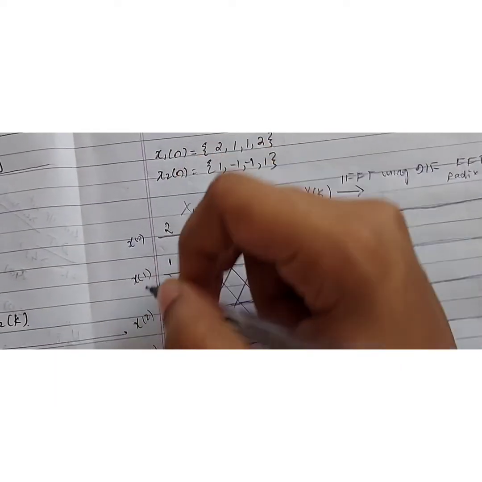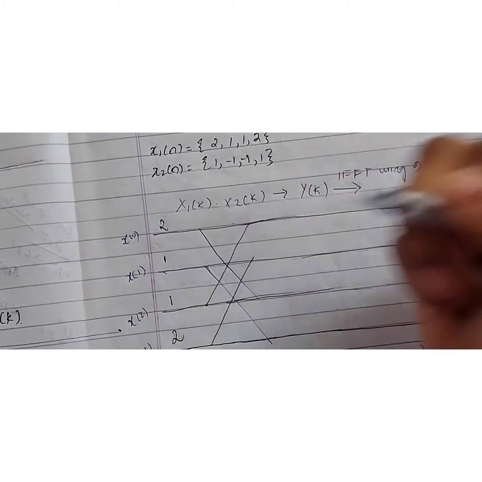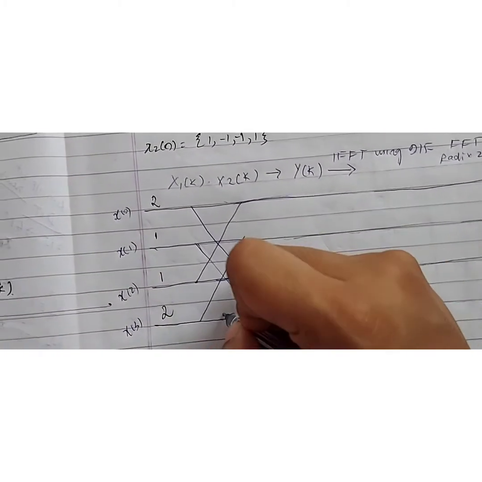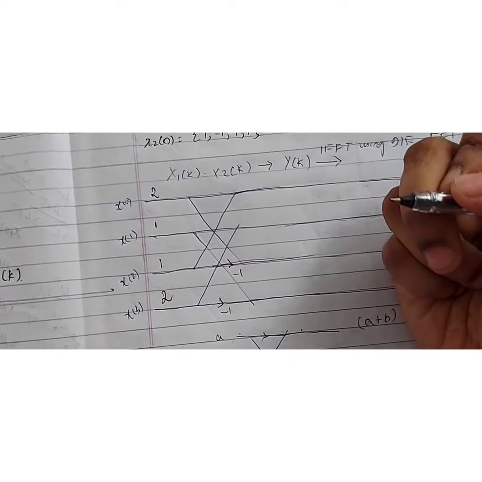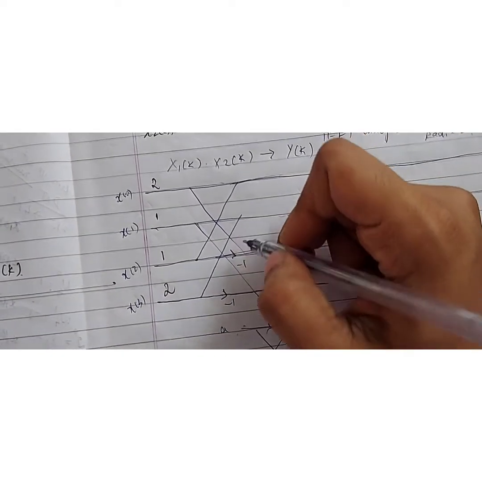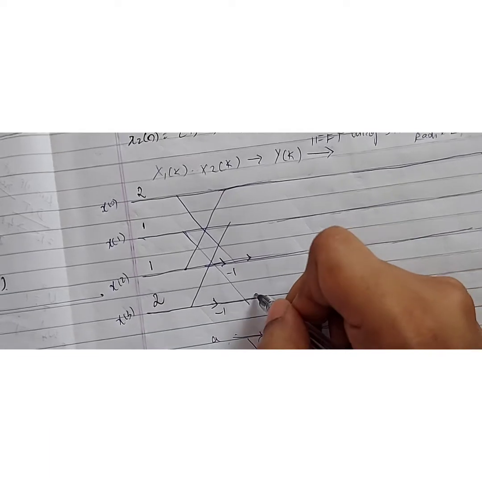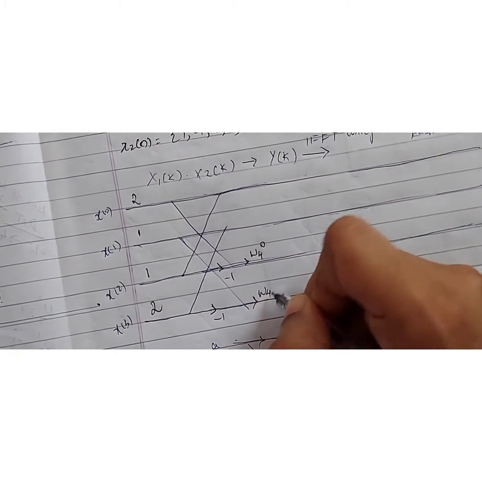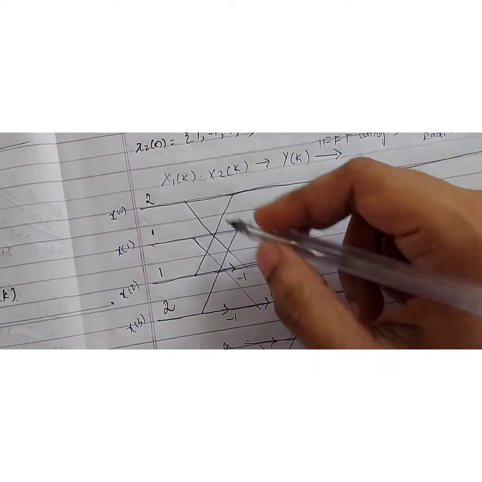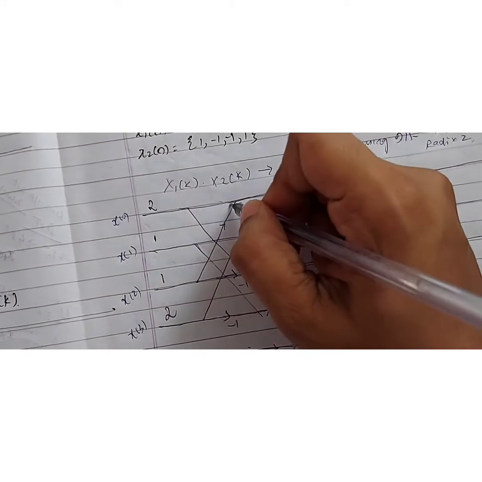I have 2, 1, 1, 2 as the input. So you have minus 1, followed by, here you will have your W4 power 0, W4 power 1. So what do I get across these points?